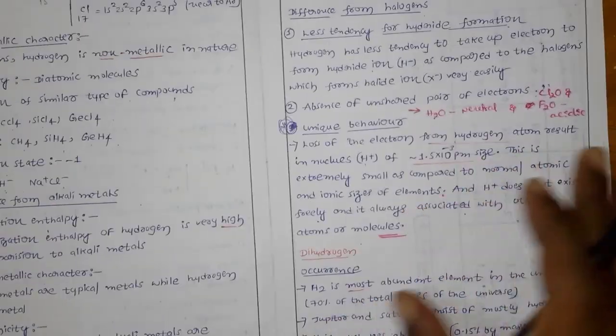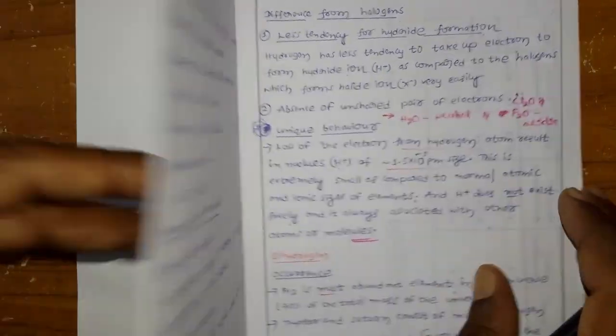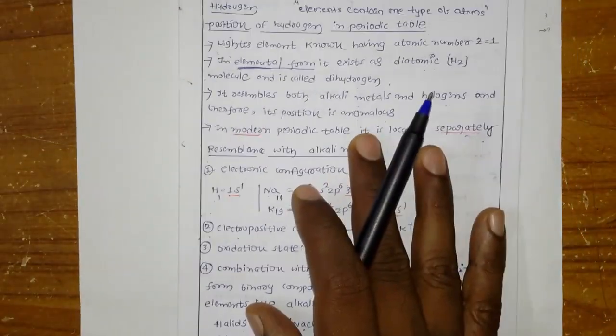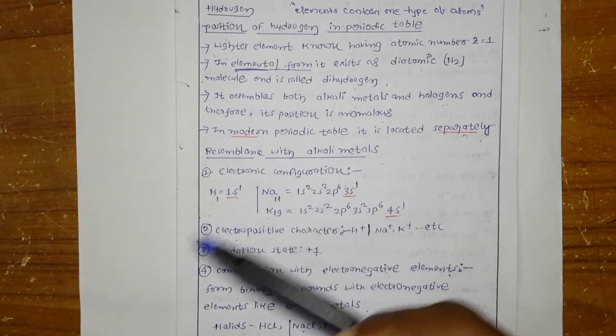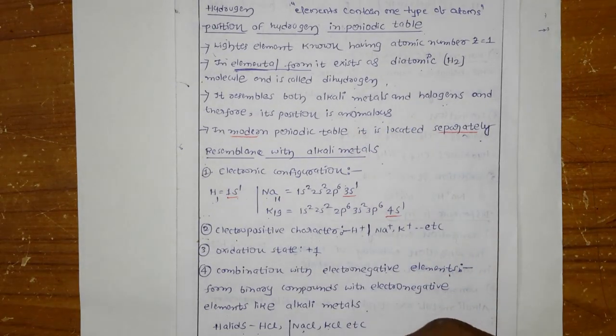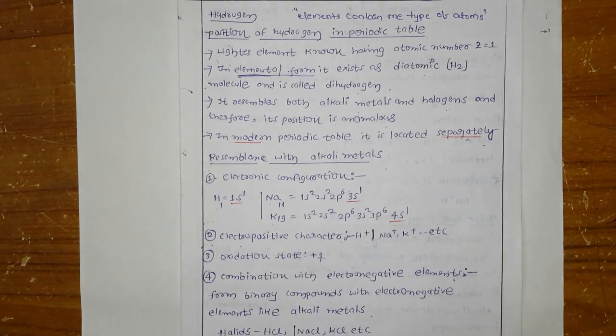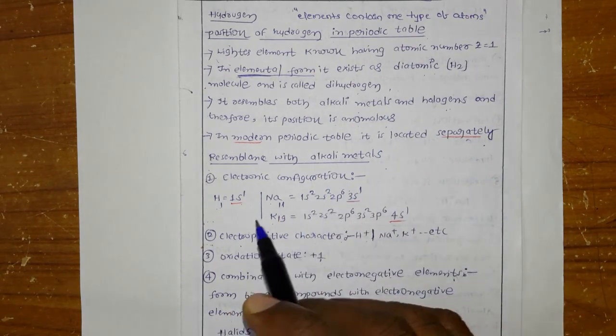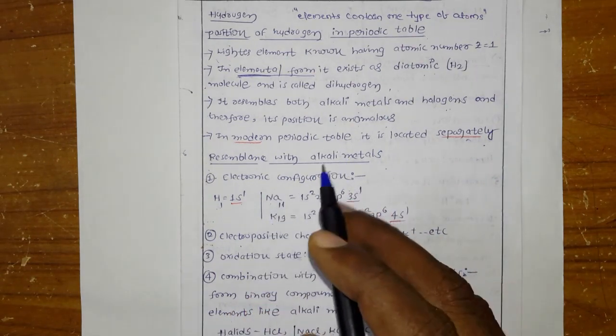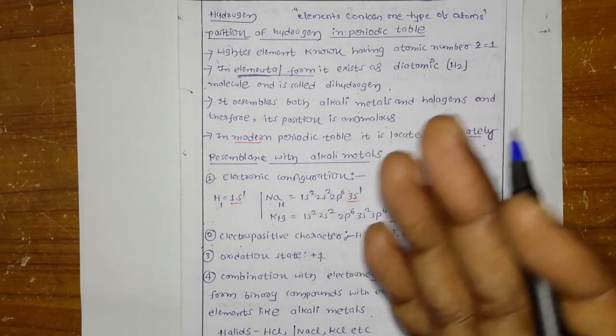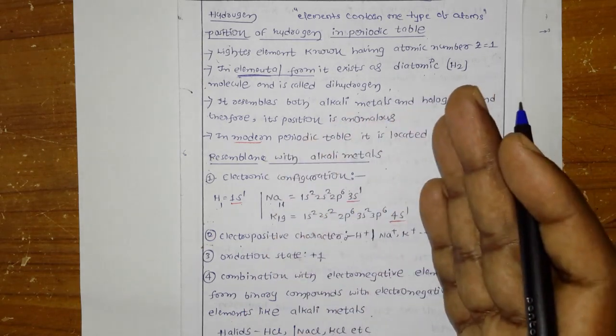Because of all these similarities and differences with the alkali metals as well as the halogens, hydrogen was separated and located at the top of the modern periodic table, not included in the alkali metals or the halogens.